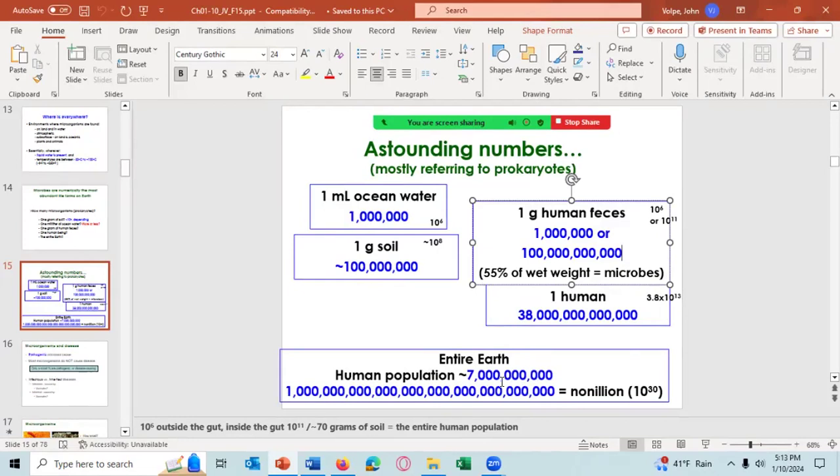And on the entire Earth, we have 1 nonillion prokaryotic cells. That is 1 with 30 zeros after it. And I'm sure you've never even heard of a nonillion before, but it's 1 with 30 zeros after it. A large amount of cells on the entire planet Earth.